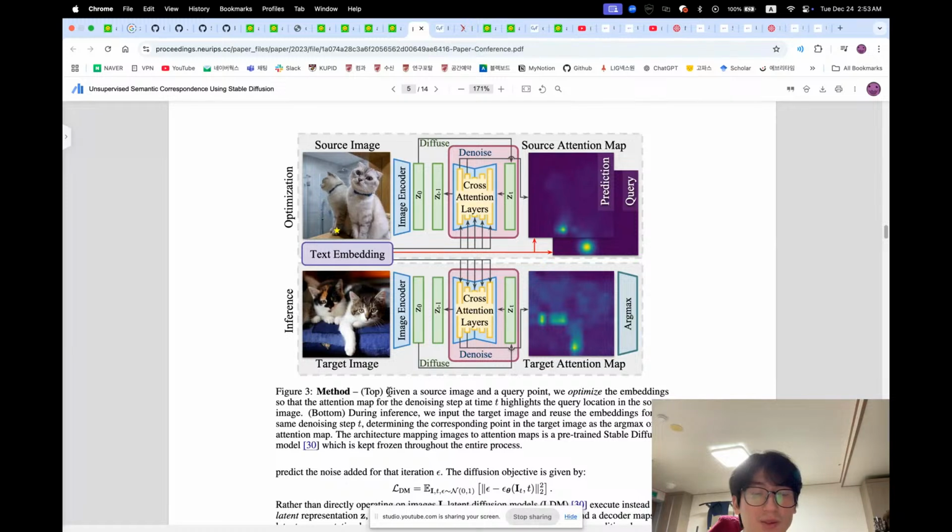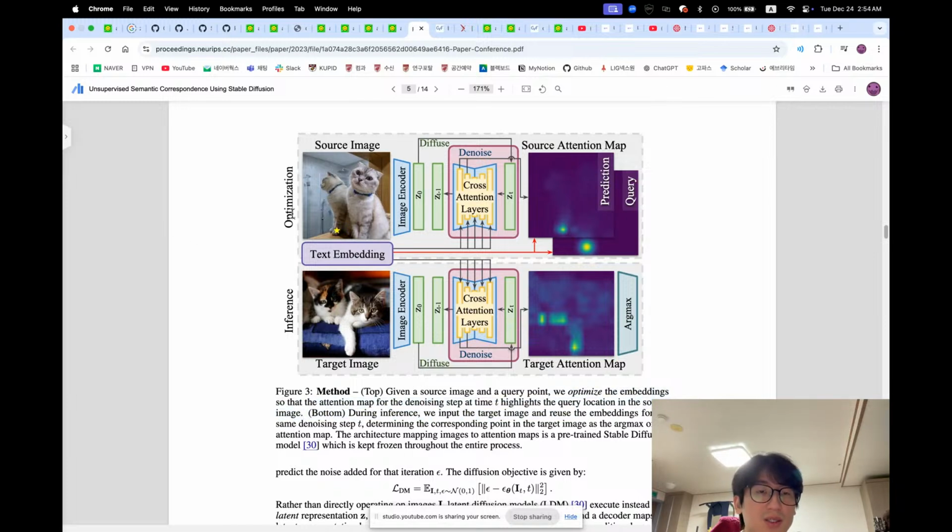Okay, method. Given a source image and a query point, we optimize the embeddings so that the attention map for the denoising step attends to the query point in the source image.